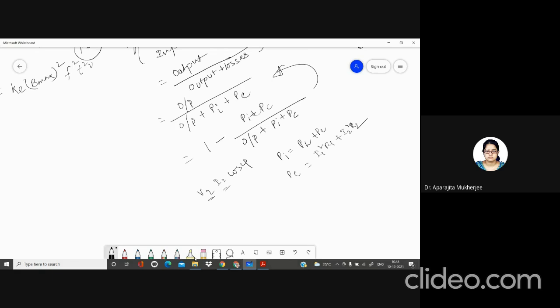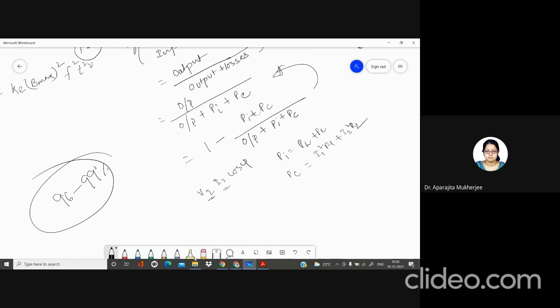Now the ordinary transformer has very high efficiency, in the range of 96 to 99%, and the difference between the readings of the output and input instruments is so small that the instrument error will also be very small.